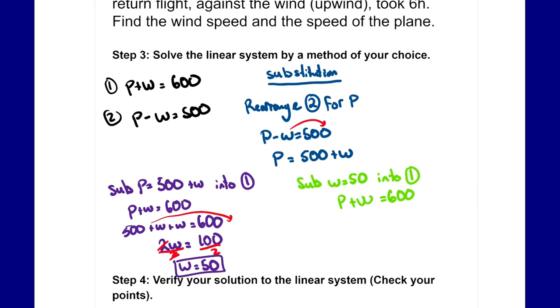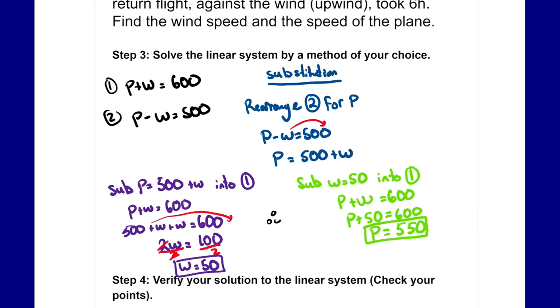So P plus W equals 600, the speed of the plane plus the wind speed equals 600. So if the wind speed is 50, so P plus 50 equals 600, that means P has to be 550. So just some quick mental math here.